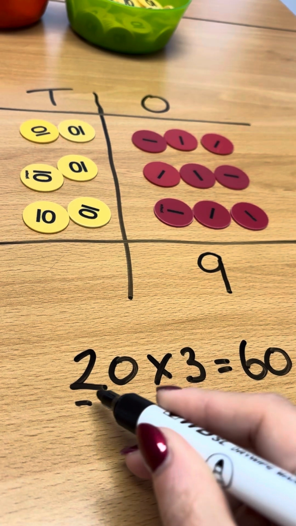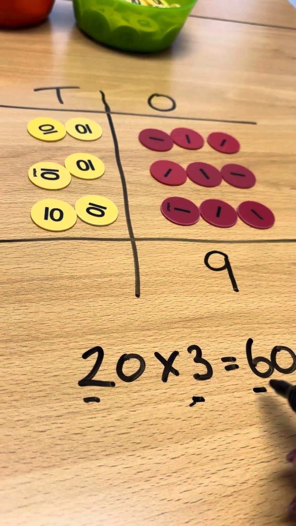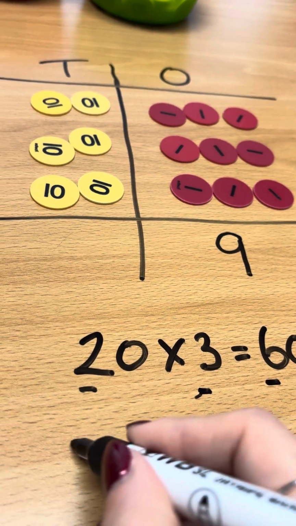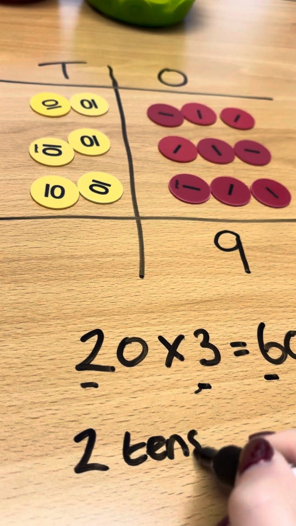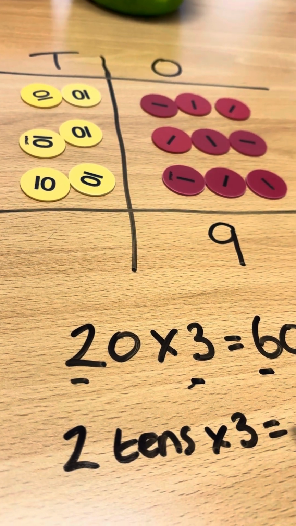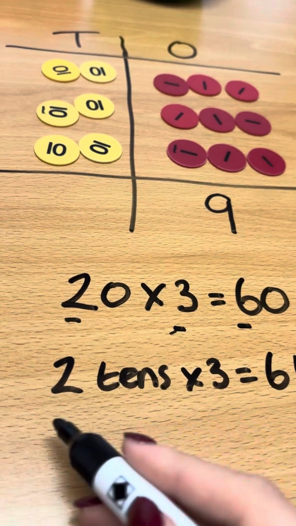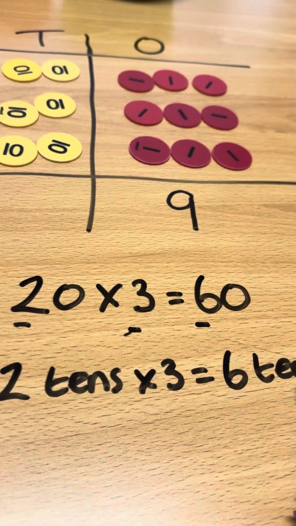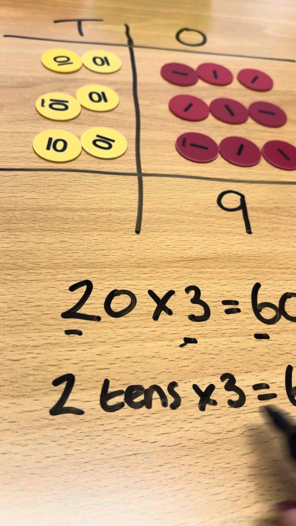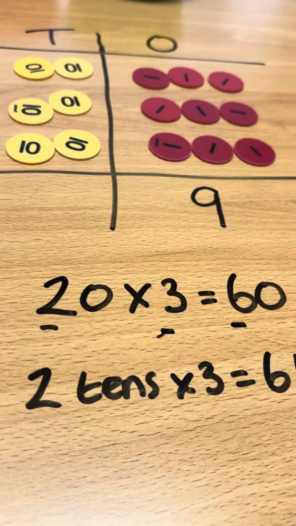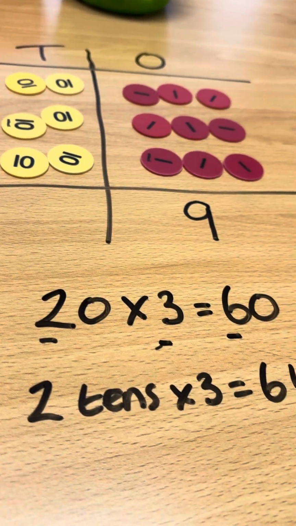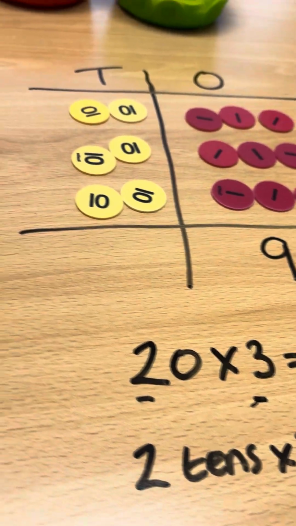Okay, so there's your number fact. 2 times 3 is 6. And you can see that there, look. We can write 2 tens times 3 is 6 tens. And so 2 times 3 is 6. And you can still see that number fact there. So we can use this when we're multiplying by multiples of 10, 100, and so on, to help you with your calculating.